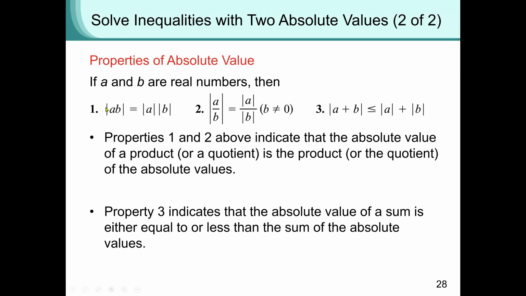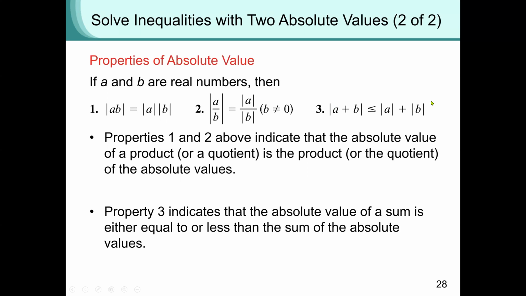Absolute of A times B is the same as absolute A times absolute B. Same thing with the division. If I have A divided by B absolute, we can separate it, saying absolute of A divided by absolute of B, as long as B is not equal to 0, because we know we cannot divide by 0. And the same thing, if I have absolute of A plus B, it's always less than or equal to absolute of A plus absolute of B.